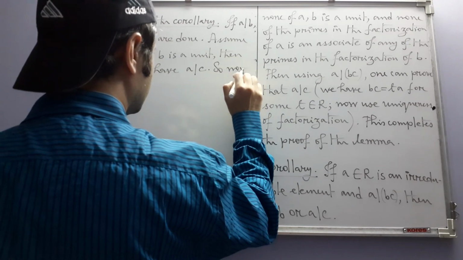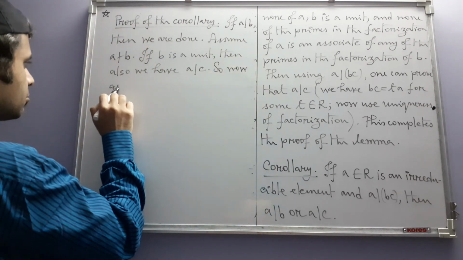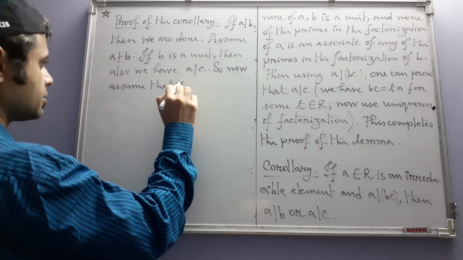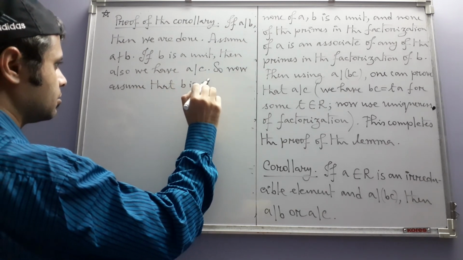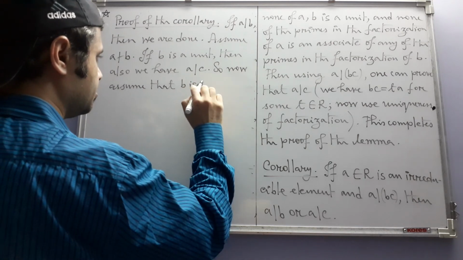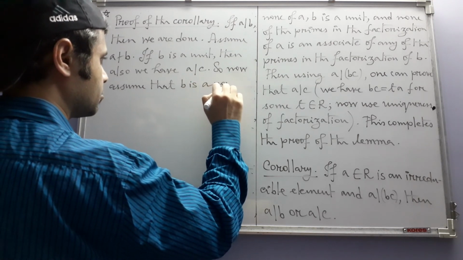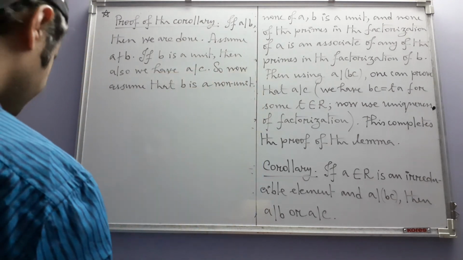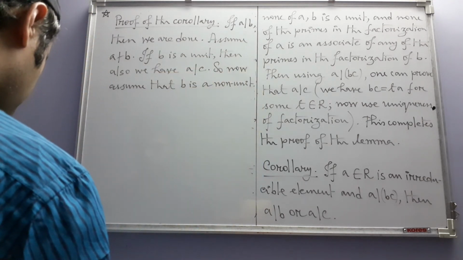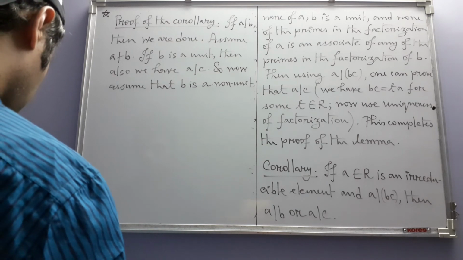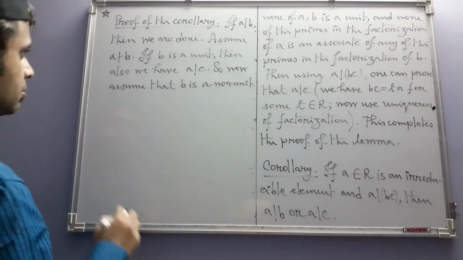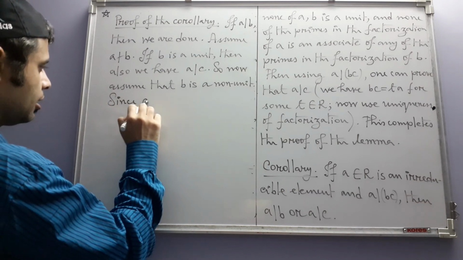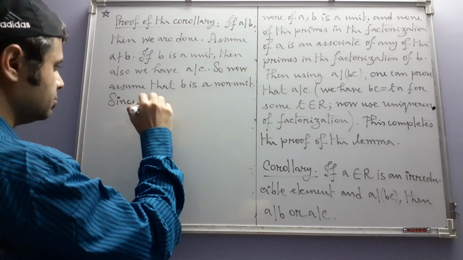So now assume that B is a non-unit. Since A irreducible means prime.